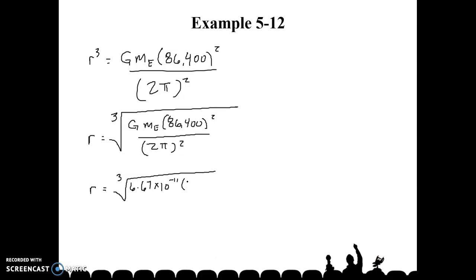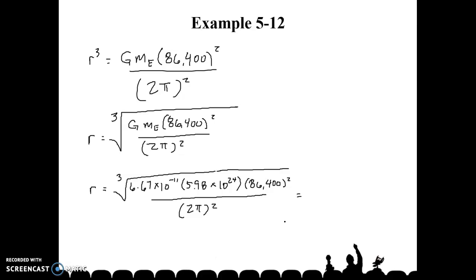The mass of the Earth is 5.98 times 10 to the 24th times 86,400 squared. And then let's divide all of that by 2 pi squared. And crank that all into your calculator.